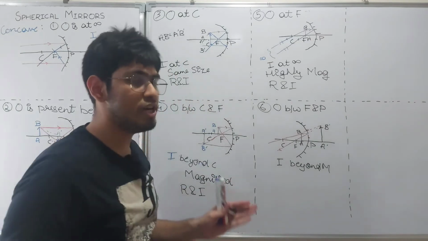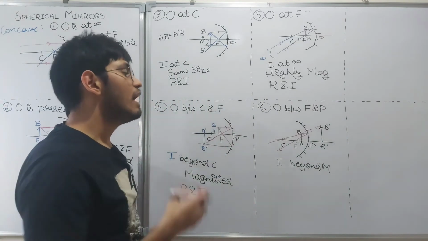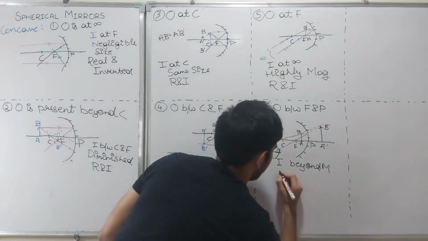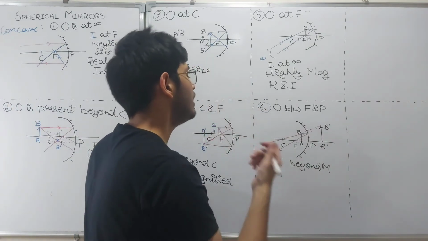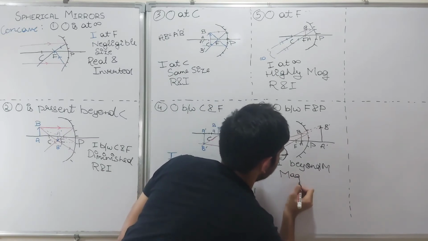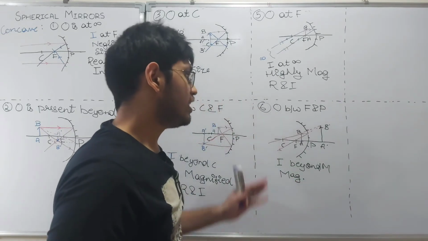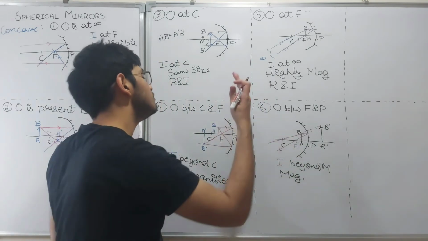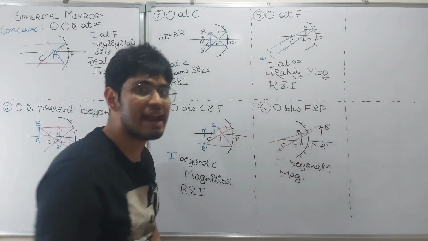After this, another point is that the image formed is magnified. This is not highly magnified, but we can say that it is magnified a bit. Another point: in this case, only in this case, the image formed is virtual and erect.